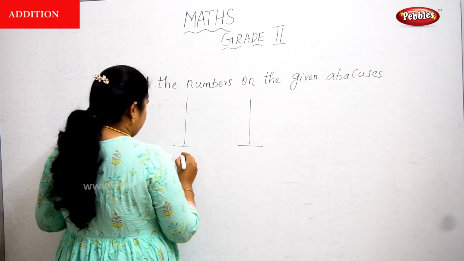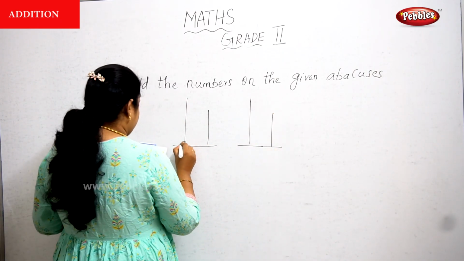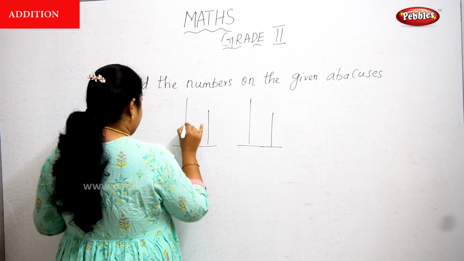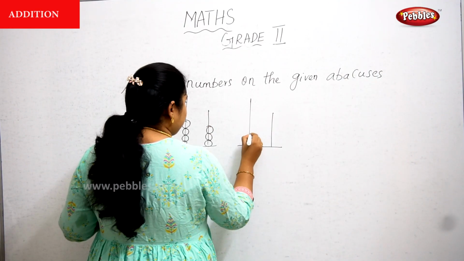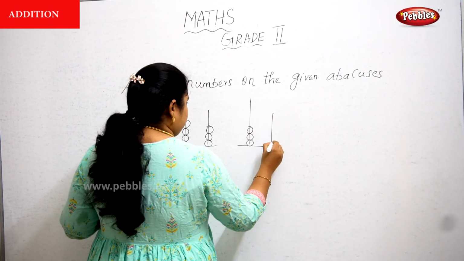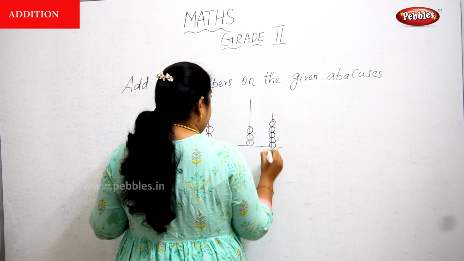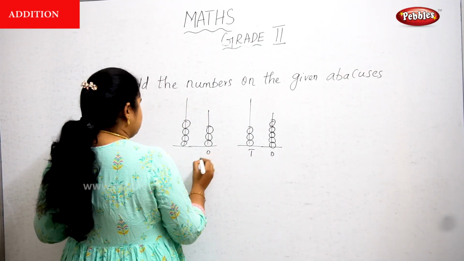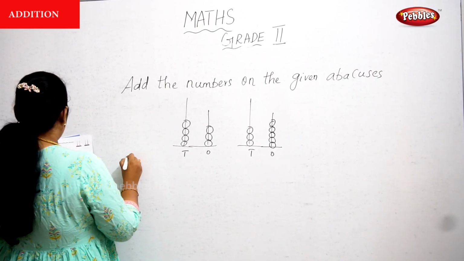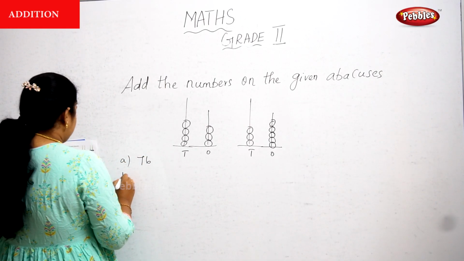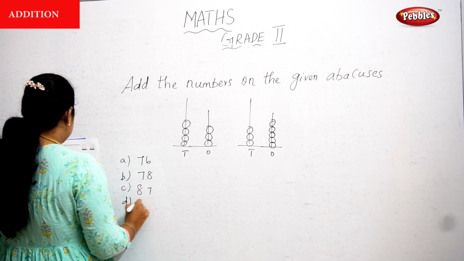So let's check it. Always it represents ones and it represents tens. So I'm going to give you the options: option A 76, option B 78, option C 87, option D 70.